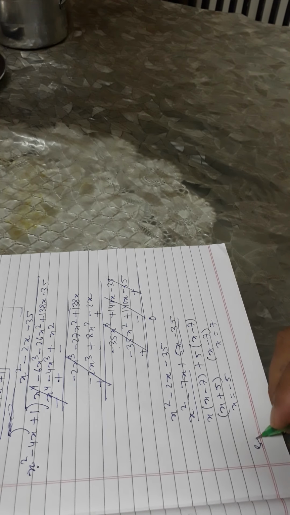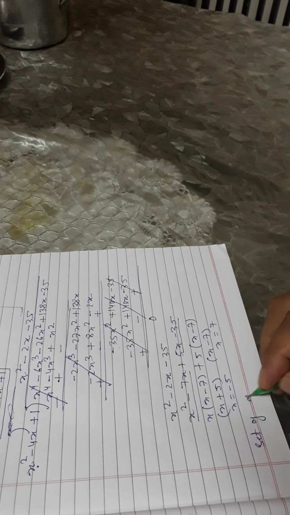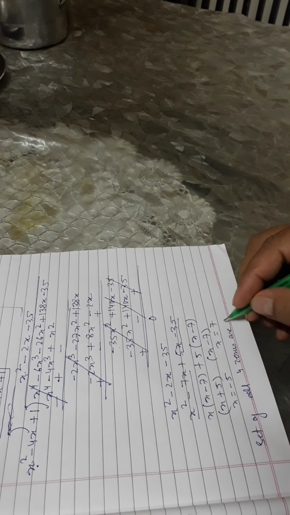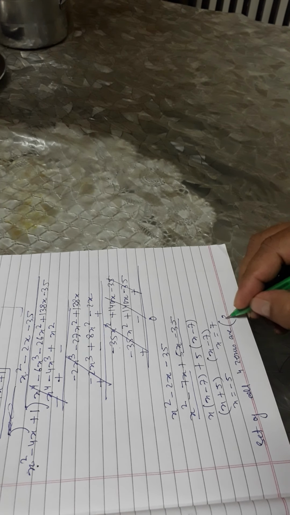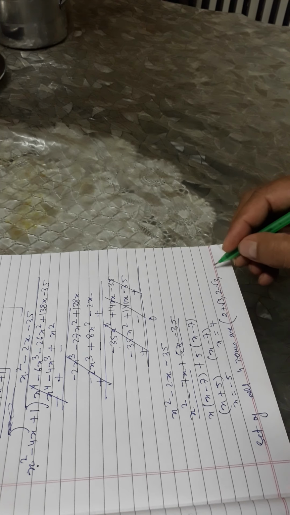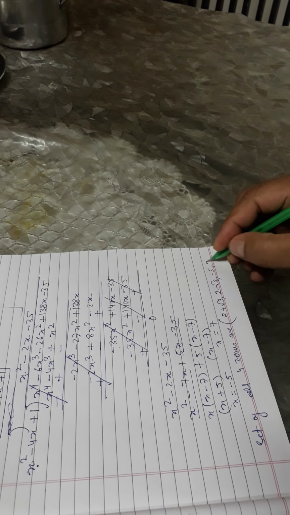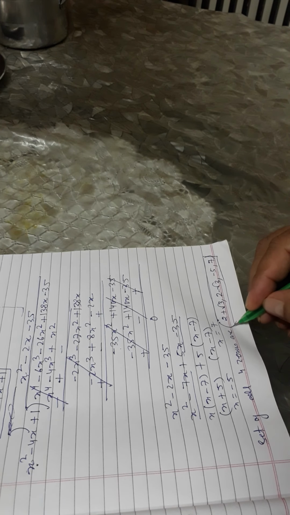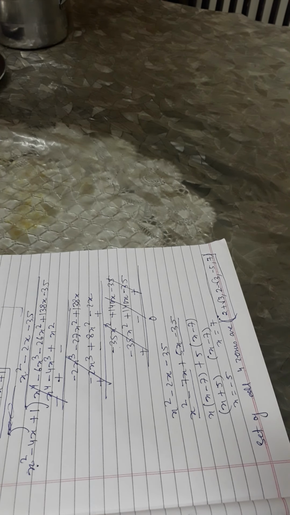So the set of all 4 zeros: the 2 we were already given, 2 plus root 3 and 2 minus root 3, and we got the other 2, minus 5 and 7. So these are some extra questions which you should know before completing this lesson.